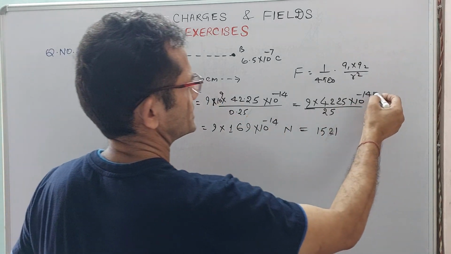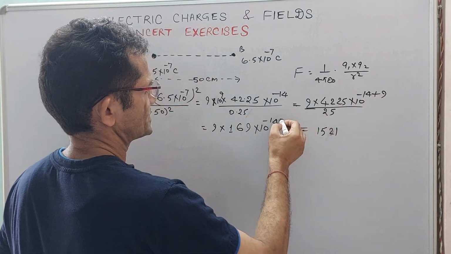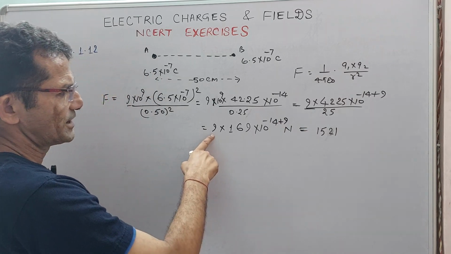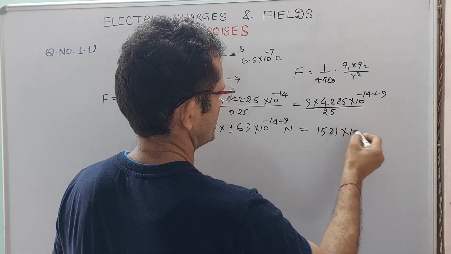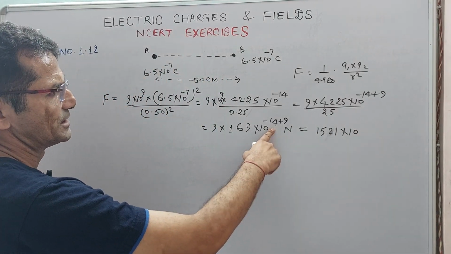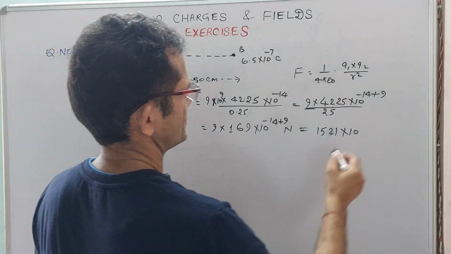So plus 9 is there also. Now if you multiply 9 by 169, 1521, what remains is minus 14 plus 9, which will be minus 5.